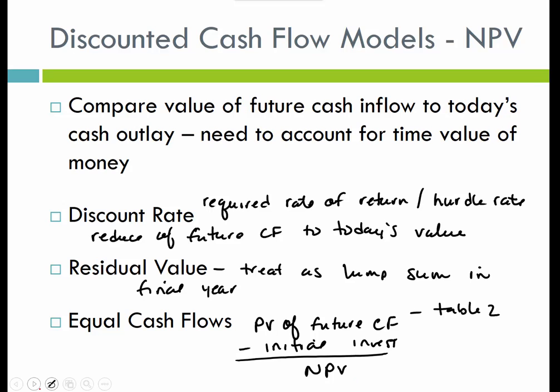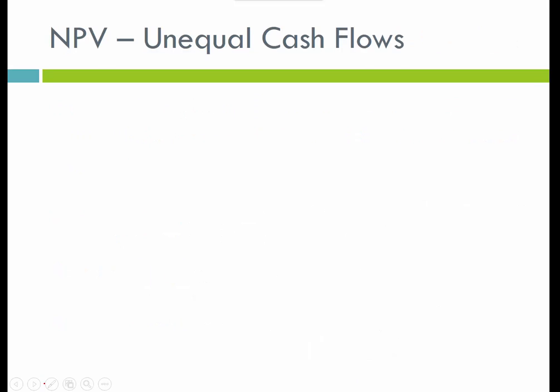If I have uneven cash flows, it will look a little bit different. So I could do my cash flows like this: year 1, 2, 3, 4, 5. Take the cash flow times the discount factor, which will give me the present value.